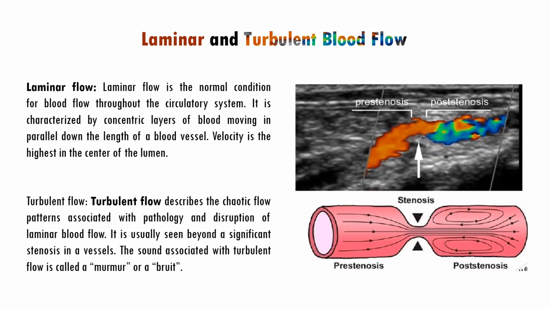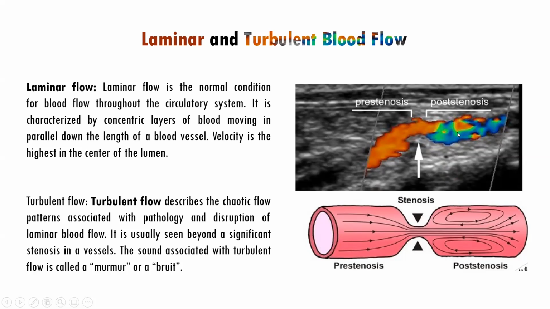That means where there is a stenosis, after the blood flows through it, beyond that we see turbulent flow. Just see the image: this is the laminar flow here in the normal blood vessel, but there is a stenosis here, and beyond the stenosis you see turbulent flow, to and fro flow is present.